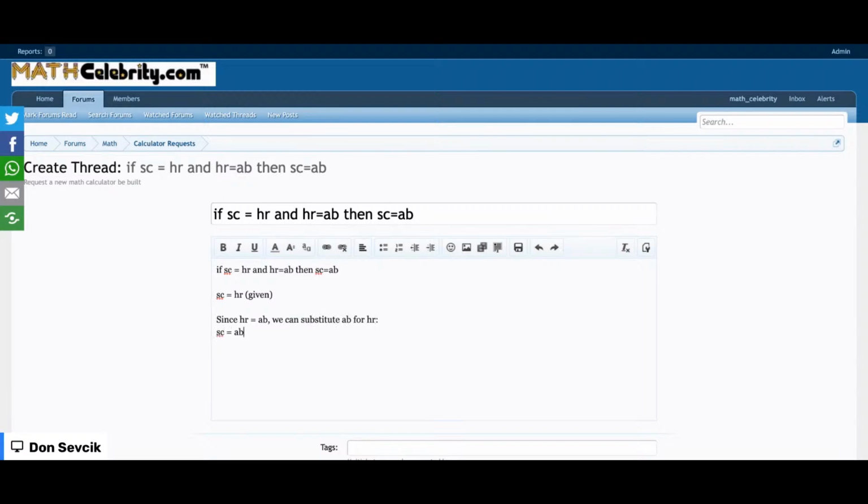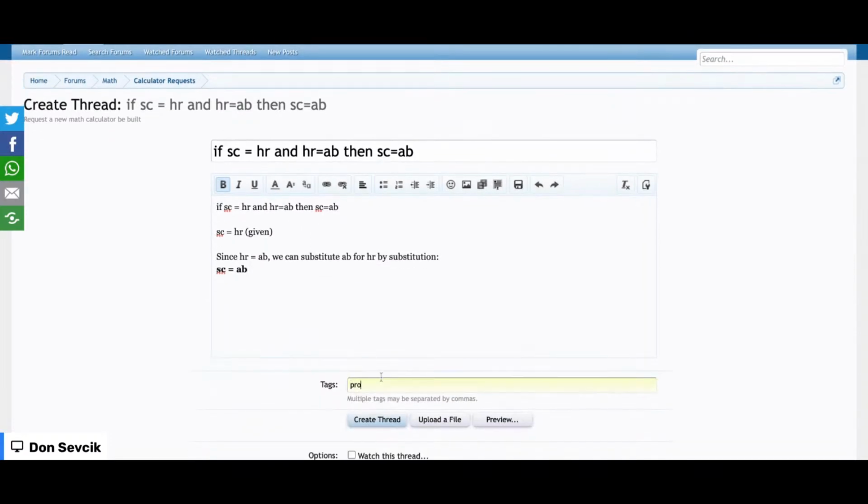We have SC equals AB by substitution. That's it. So all you had to do is recognize that SC equals HR, you write out your given, you realize that HR is also equal to AB, you can substitute AB for HR, and boom, you've made your proof.